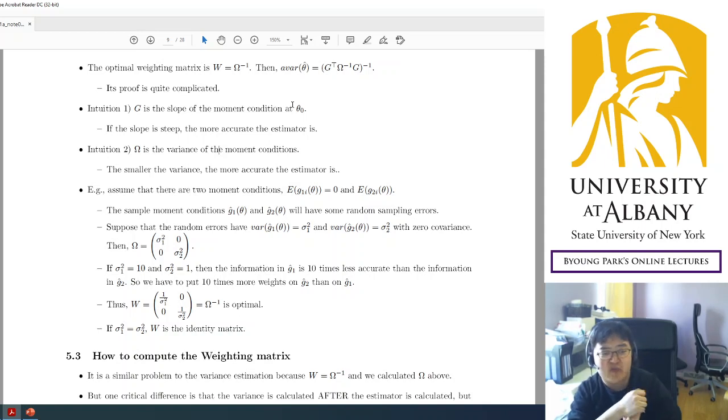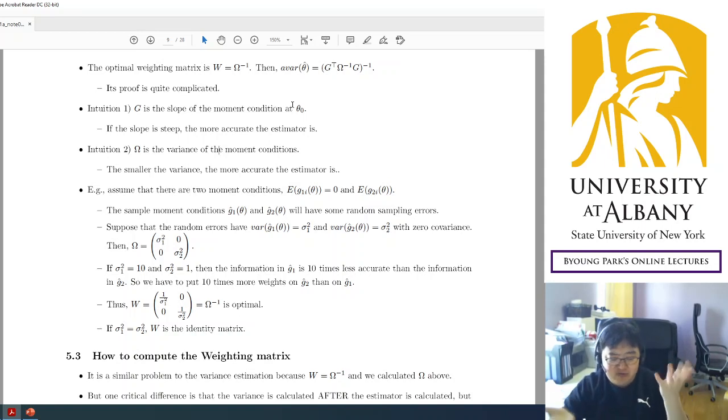Which moment is more informative? The informative moment is defined by the variance. Some moments may have a lot of noise, so that moment will have a large variance. Meanwhile, some other moment conditions may be more accurately estimated, so they are more informative and have little noise, and then that variance will be smaller.